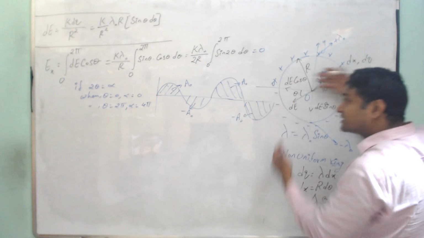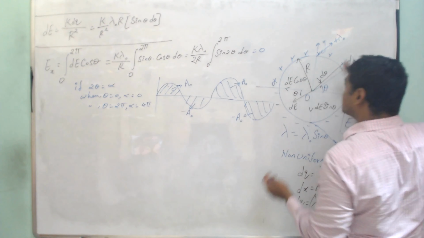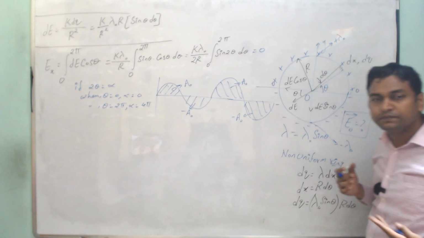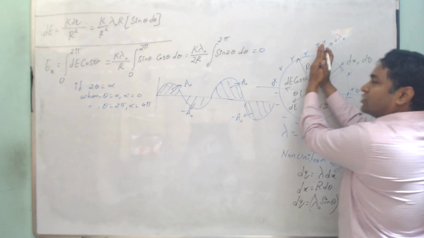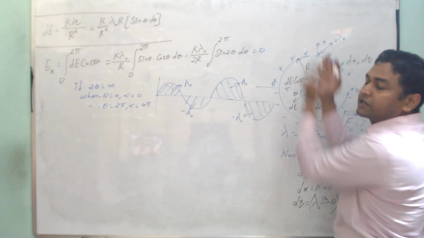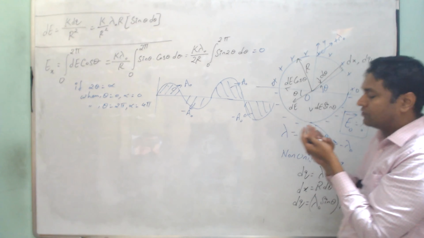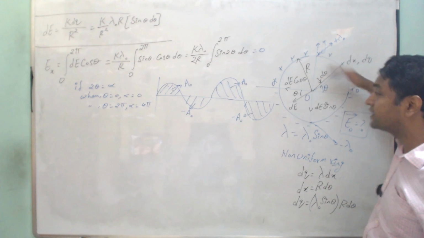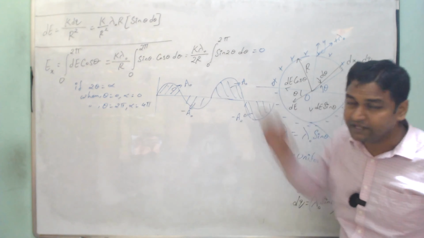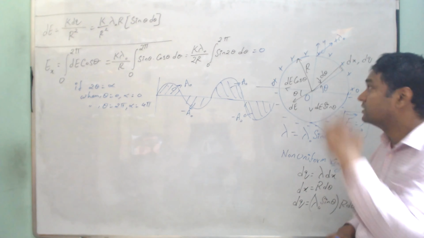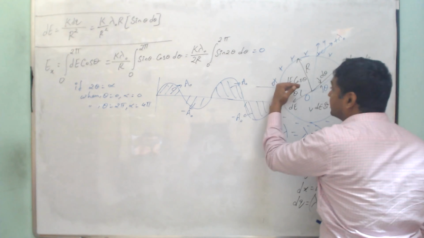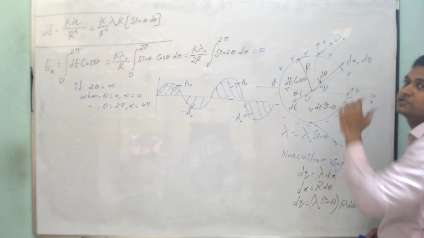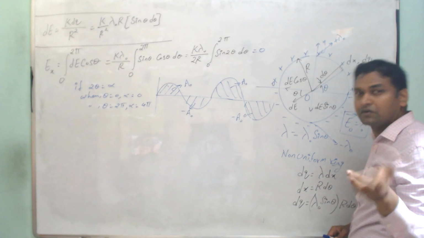Whatever EX this positive fellow will have in this direction, the same EX will be in the opposite direction from 90 degree to 180 degree, because there is symmetry with respect to the y-axis. Obviously, they'll have to.